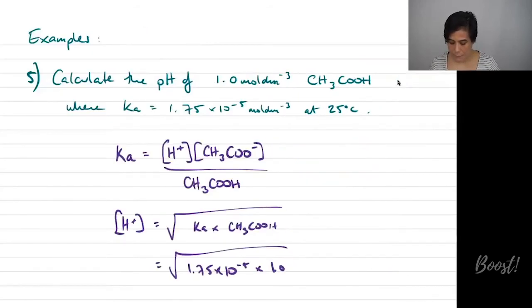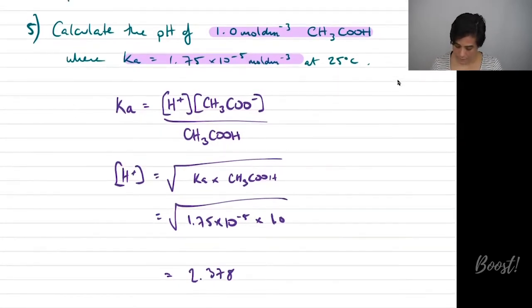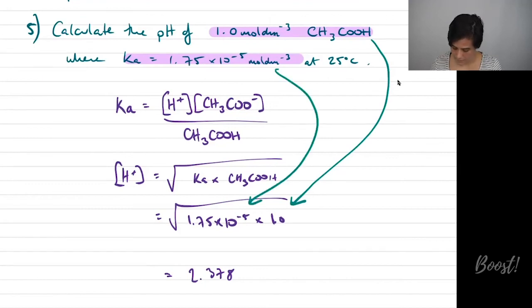As we said before, we get given the concentration of the ethanoic acid and the Ka. We write our expression and rearrange it to give H plus concentration as the subject, and then we can just input our information into our equation over here to give us the concentration of H plus ions.